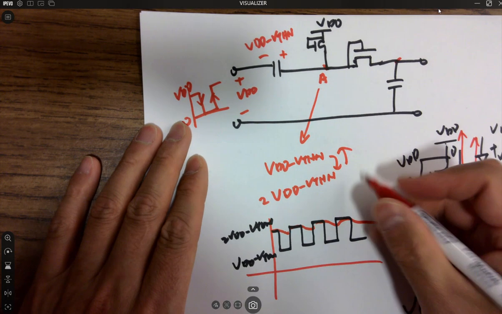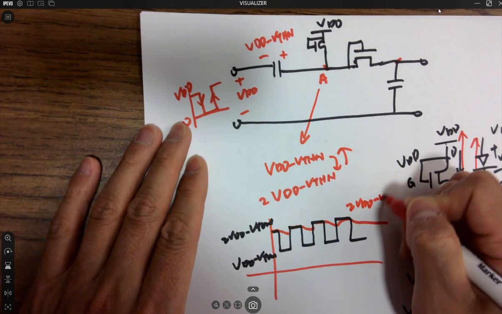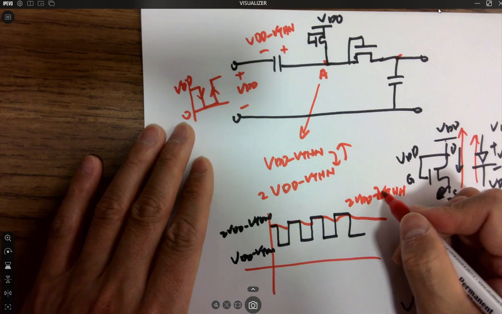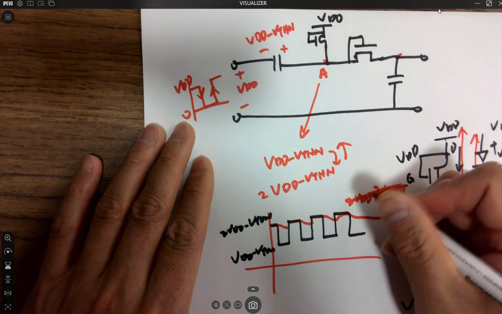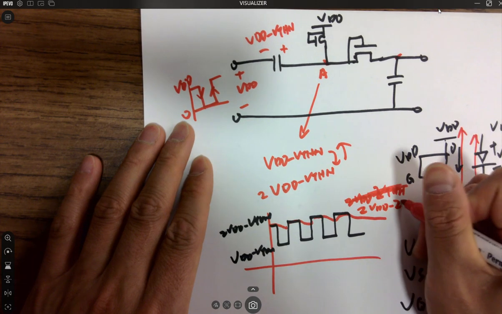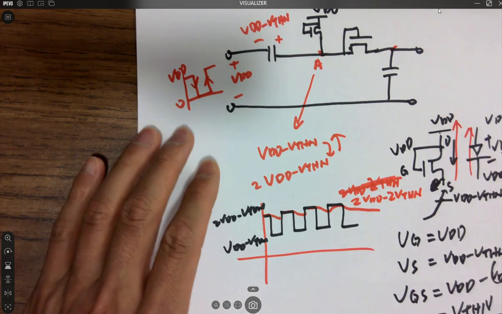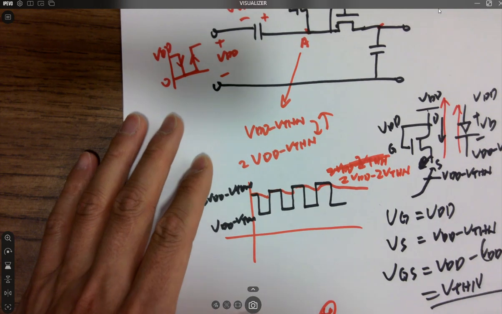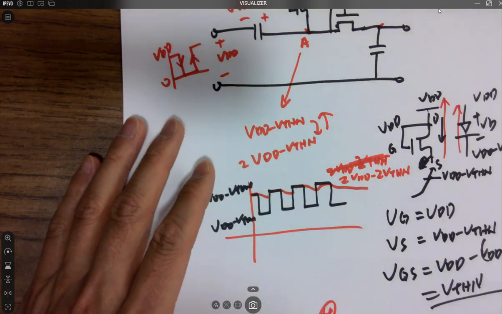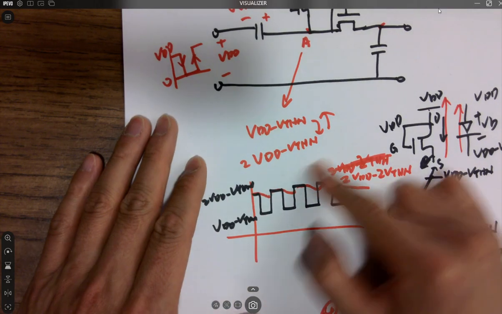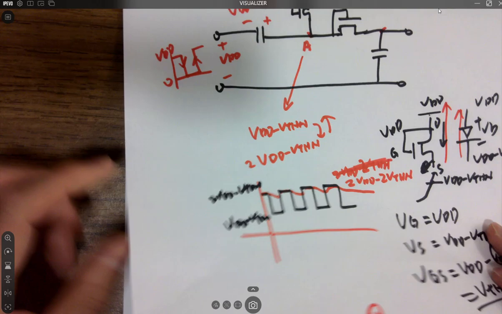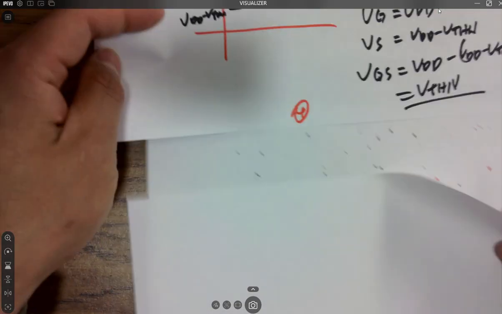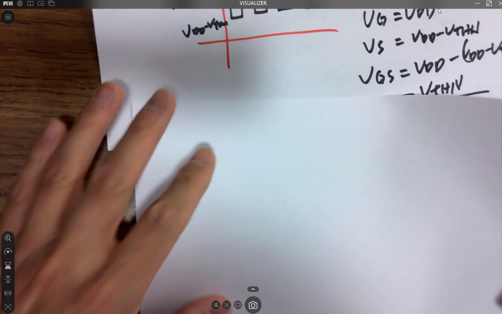The DC voltage is very close to 2 VDD minus 2 VTHN. Write it: 2 VDD minus 2 VTHN. And you can add more stages to it in order to increase that voltage to a higher DC voltage. And that's a circuit provided in the textbook. It's called Dickson's charge pump.